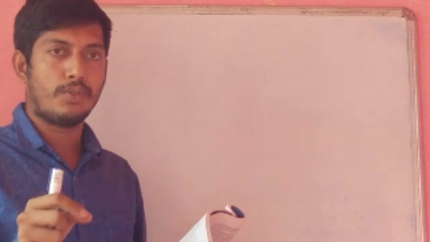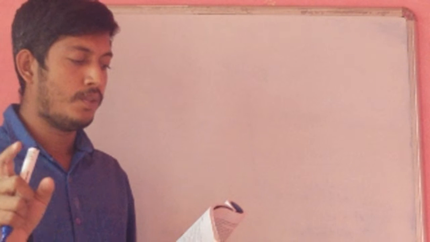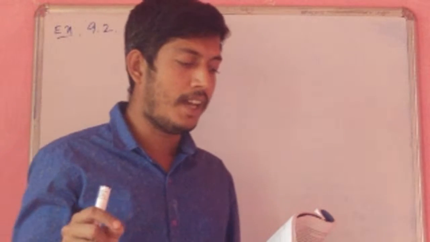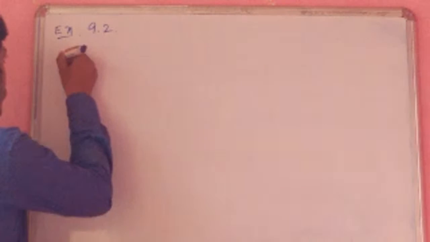Okay, I will read the question once again. Which would require a greater force? So first case, accelerating a 2 kg mass at 5 meter per second square. I will consider case 1.